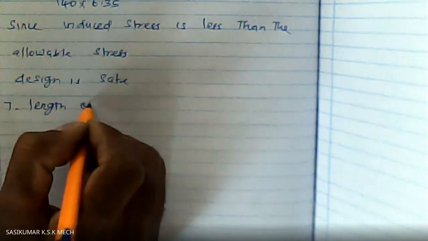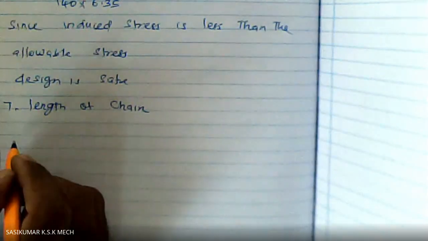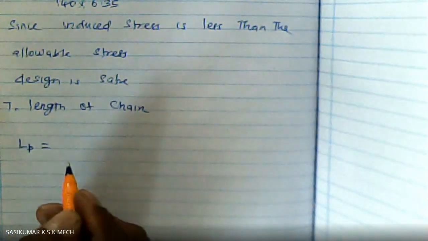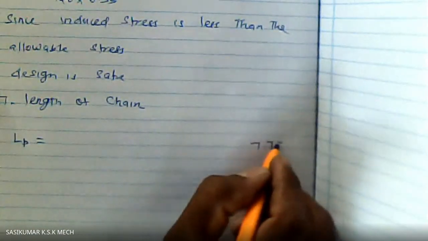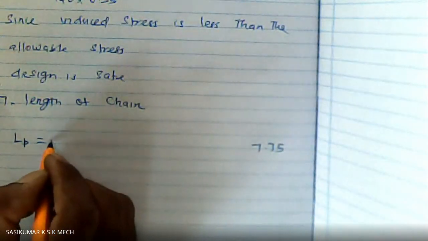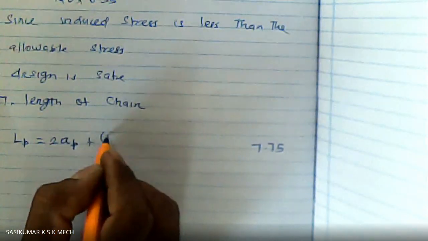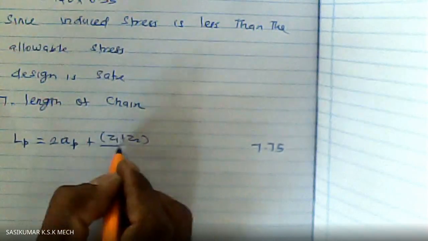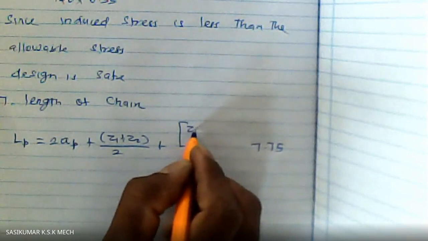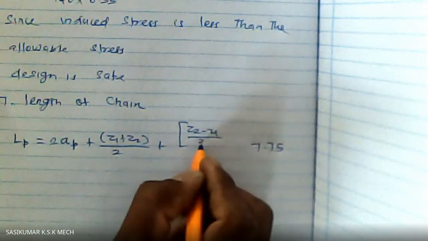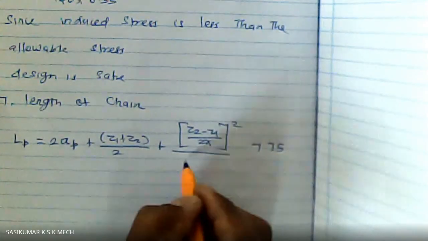This may be taken from page number 7.75, the relation which is equal to 2AP plus (Z1 plus Z2) by 2 plus ((Z2 minus Z1) divided by 2 pi) whole square divided by AP.